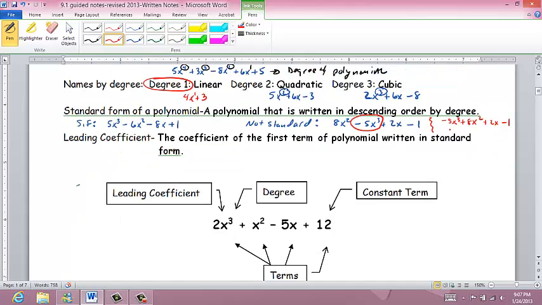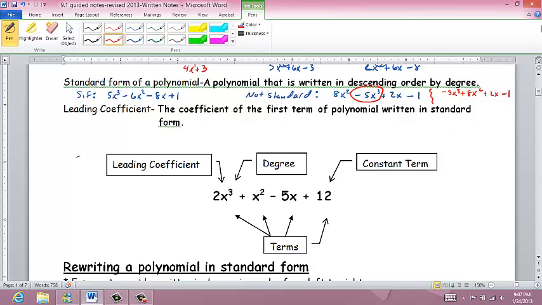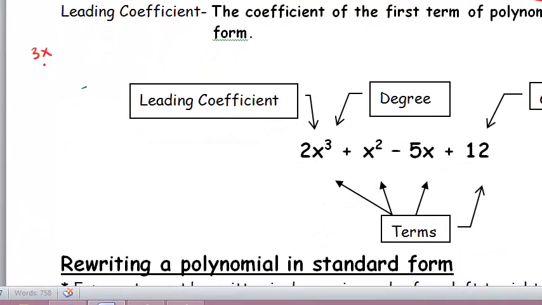Now, if you look at the example of the polynomial we have below, 2x to the third plus x squared minus 5x plus 12, let's kind of talk about everything that we have here. First, leading coefficient. If you go back to the beginning of Algebra 1, we talked about coefficients. Any term I have, say 3x, okay, has a coefficient. Coefficient is the number in front of the variable expression.